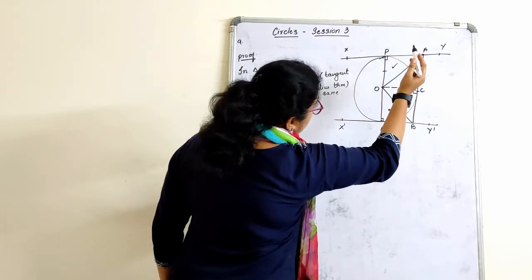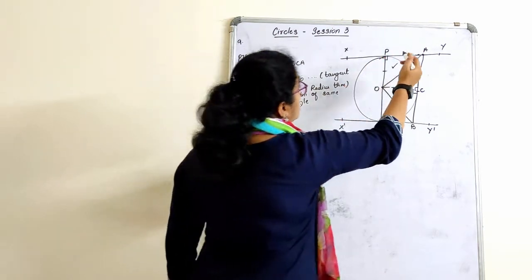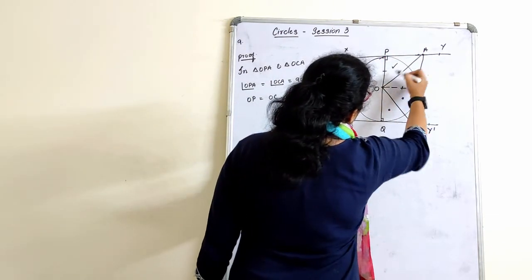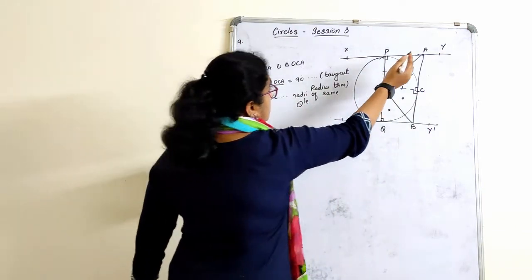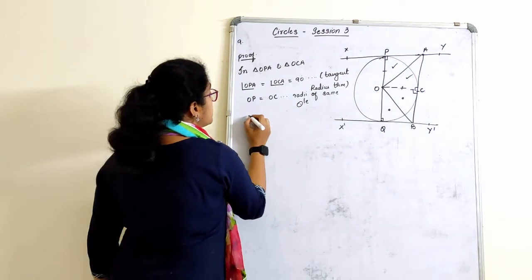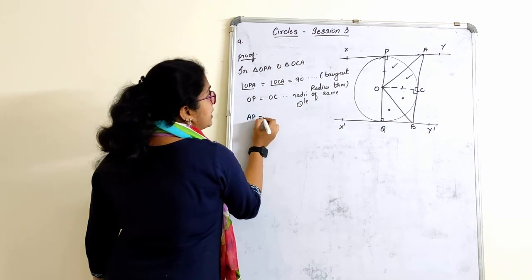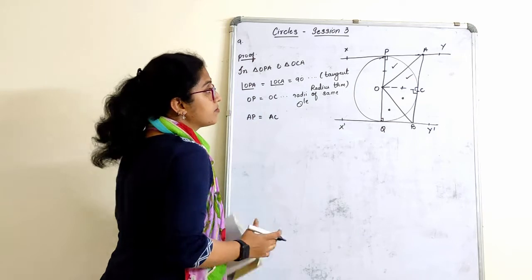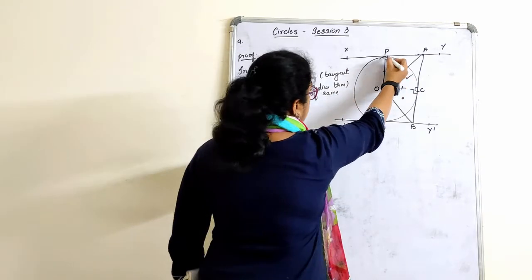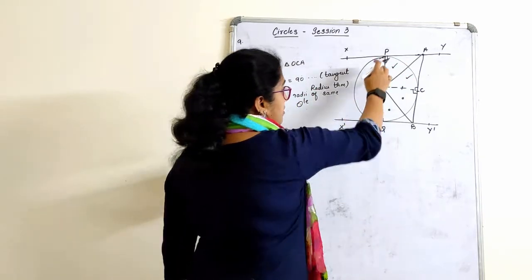Then the next part here, the next one I can tell is AP is equal to AC. See here. First of all, 90 degrees, 90 degrees, that was clear in these two triangles.